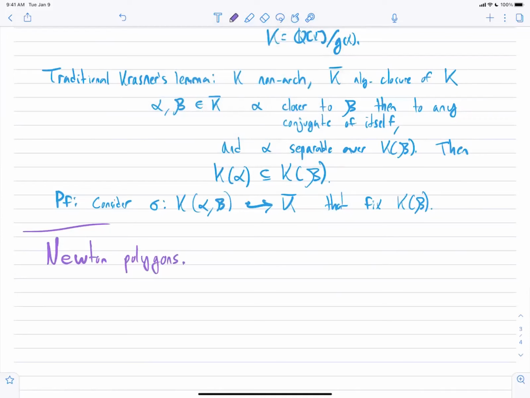So let me say K is a non-Archimedean field. Then V is going to be the log of, I'll take just log base e, but you can take log base anything, and everything would still work out. Log of absolute value. So this turns multiplication to addition instead of turning multiplication to multiplication.